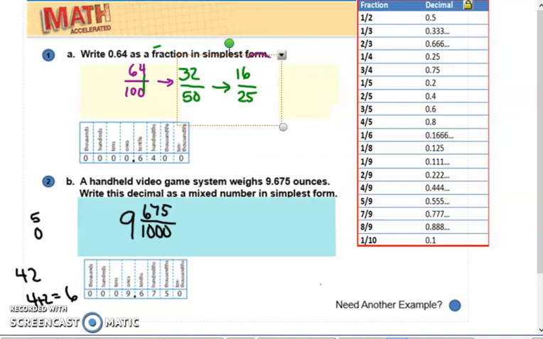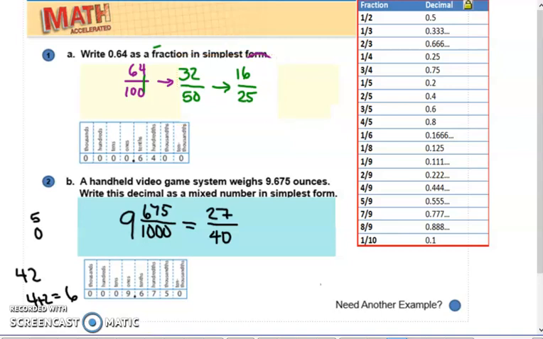Okay, so let's go ahead and continue with this number up here. Notice that I already know, because I was setting up this problem, that 675 is 27 times 25. So I'm going to divide it by 25, and I get 27 on the top. And I'm going to divide the 1,000 by 25 also, and I'm going to get 40. Okay, so now this is where I would goof up.